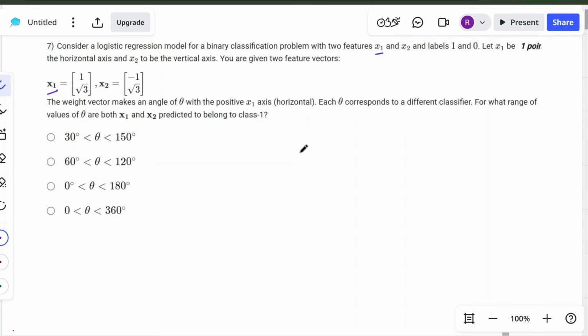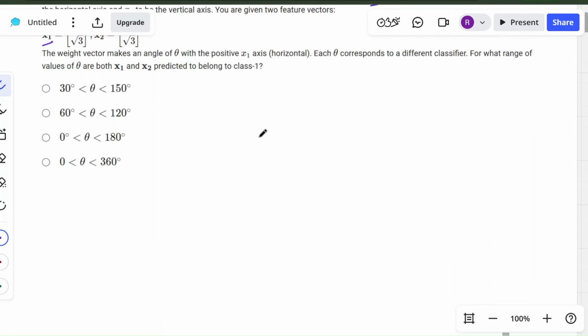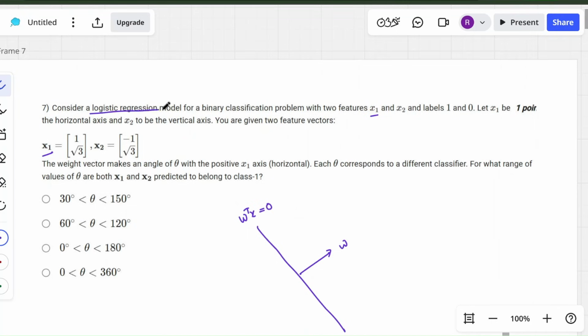Before starting off, let's say you have some hyperplane, W transpose X equal to 0, and let's say W is this. This is a logistic regression model, but as we just saw, for a logistic regression model also the decision boundary is of this format.